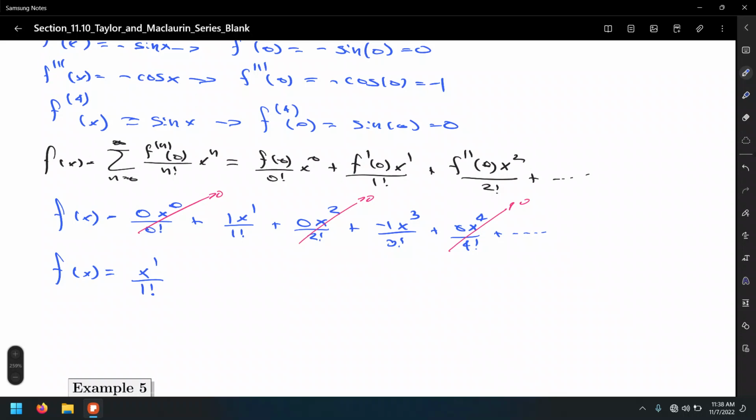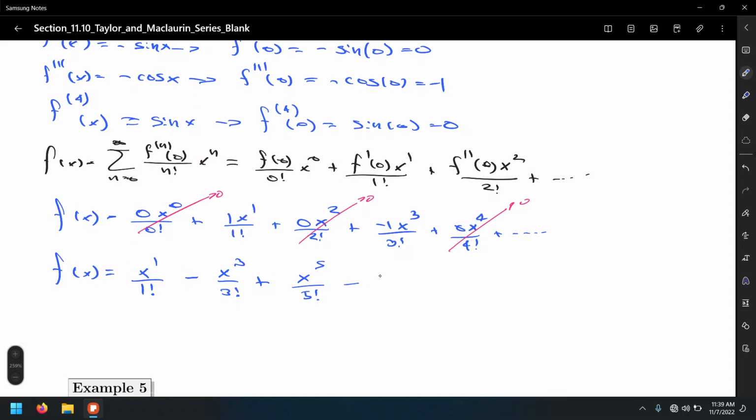I need this factorial notation to figure out the pattern for the power series. And then minus x cubed over 3 factorial plus, well, if the pattern continues, notice what do we have? Power 1, power 3, we have the odd numbers, 5 over 5 factorial, and then notice we have alternating signs. Positive, negative, positive.